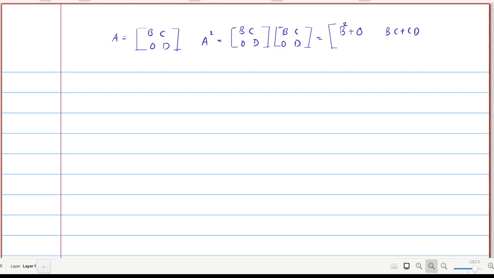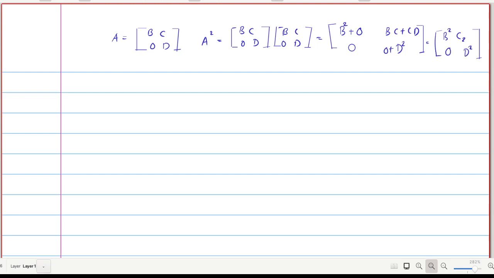You need to verify all the orders of these matrices, so that this is exactly the same way of multiplying two matrices. Then we have 0 times B and D times 0, and here 0 times C, that is 0, plus D square. So this gives B square, some matrix C2, 0 here, and D square.